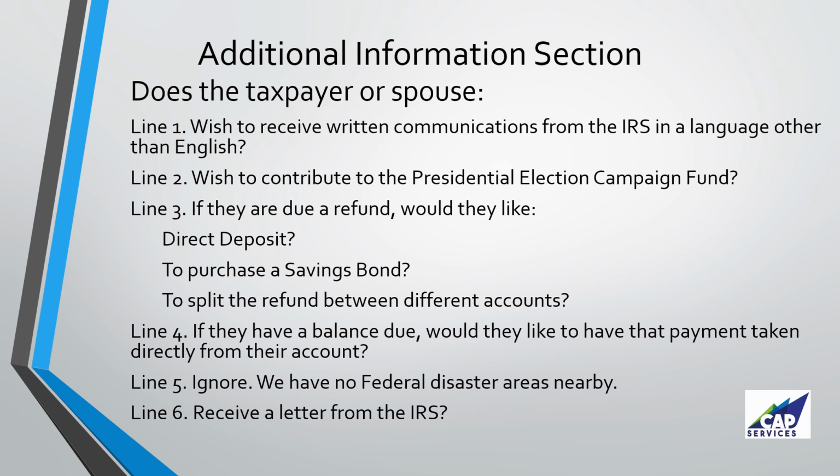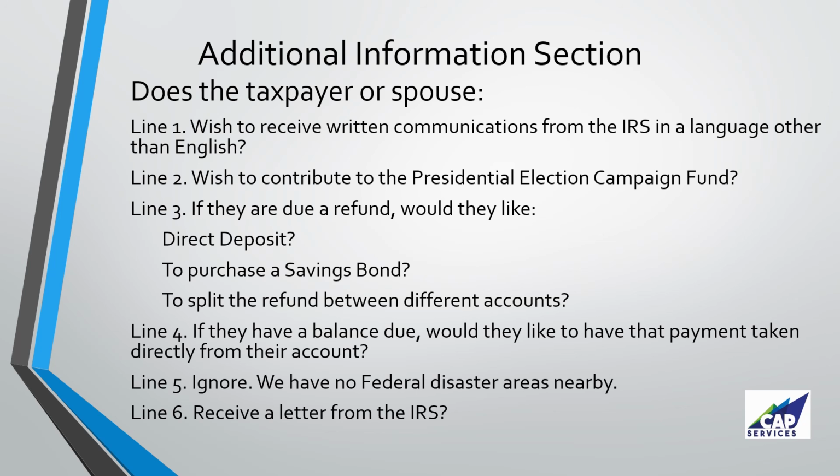Additional information section. Does the taxpayer or spouse have an email address? Something new for this current tax year is called the Customer Portal. This is a great benefit, whereas the customer and tax preparer can chat. The customer will be able to print their own tax return, and they will also have the capability to upload any additional documents needed.